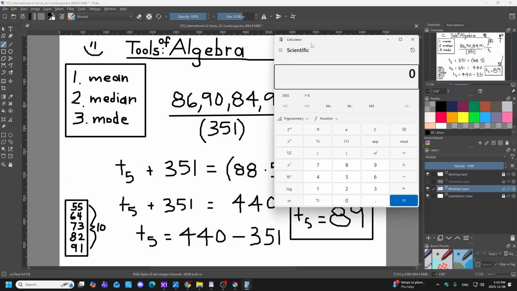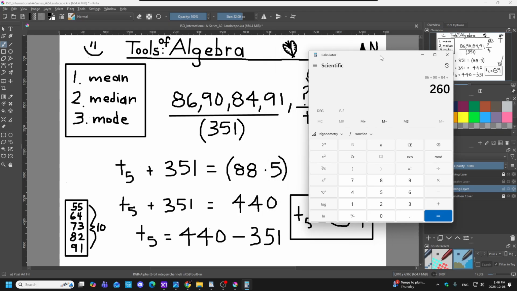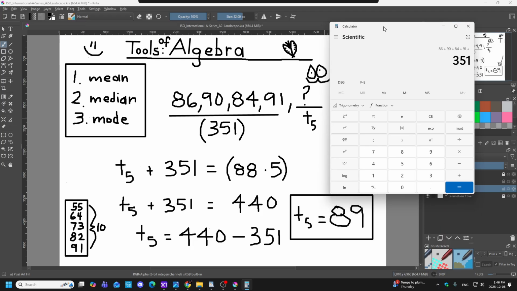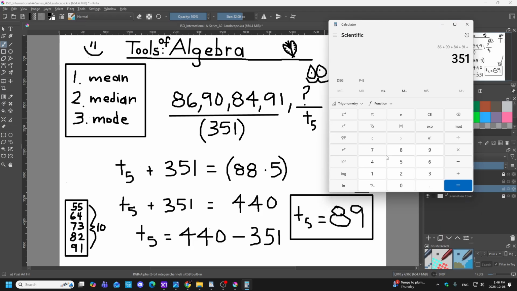So 86 plus 90 plus 84 plus 91 plus 89 equals 440. Divide that by 5 equals 88. Let's go.